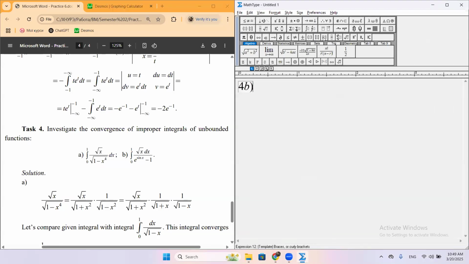So we have the following integral, from 0 to 1, square root of x dx divided by e to the power of sine of x minus 1.